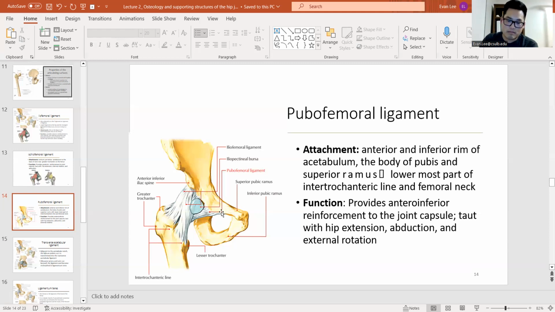This is going to help with supporting hip extension. And when you go outward, it's going to help with hip abduction. So when you bring your thighs outward, this bottom ligament is going to be taut. And similar to iliofemoral, it's taut during external rotation as well.